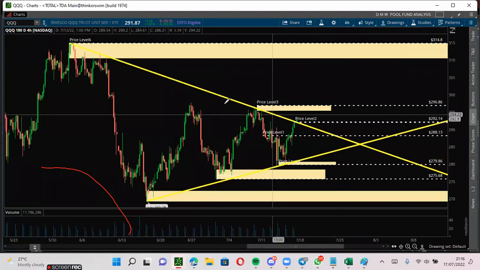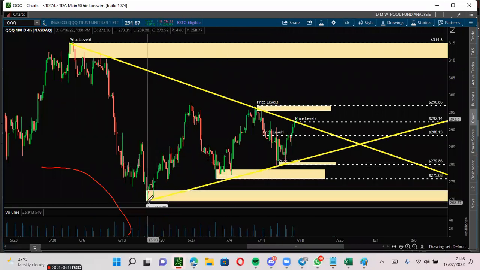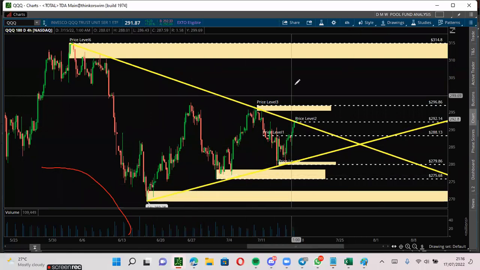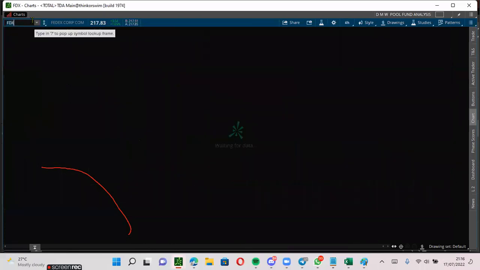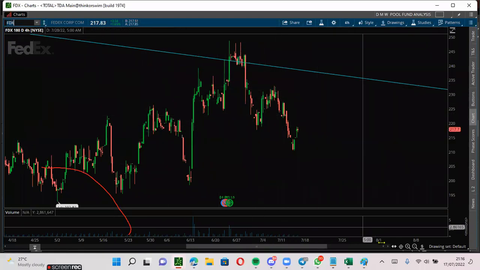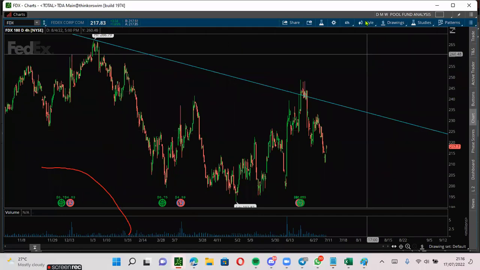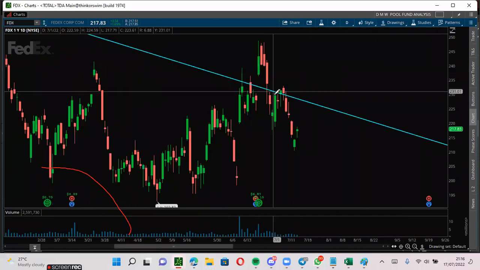Okay, QQQ also made a triple bottom, and again this one is on a 4-hourly chart. This is actually looking bullish. Let's do it for FedEx. I don't want to do the 4-hour chart.